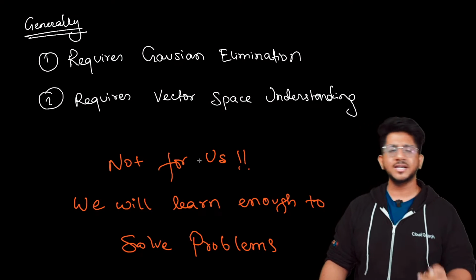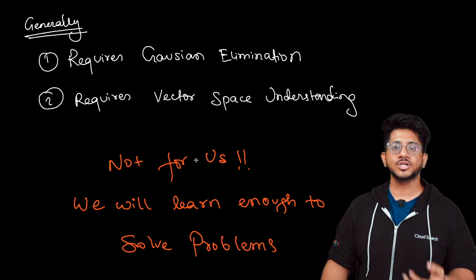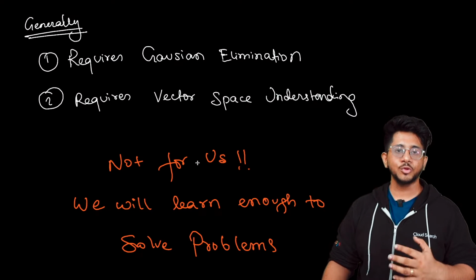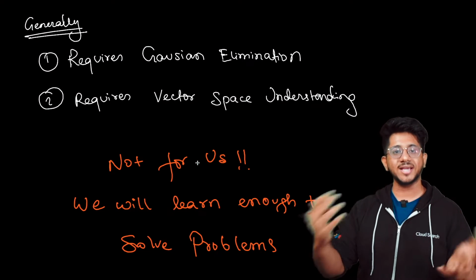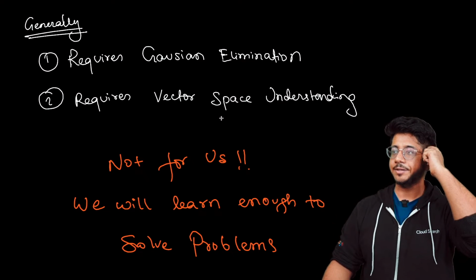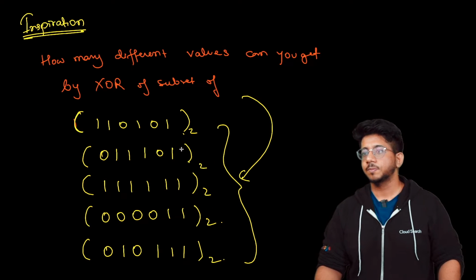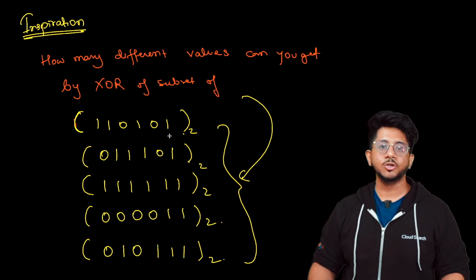We will learn it enough so that we can solve problems, and I think for most cases this is good enough. Later on, if you want, you can unravel all of the underlying principles, why it works, and deep dive into the maths part of it, right? Now let's take an inspiration problem and try to understand why this comes into the picture, right?